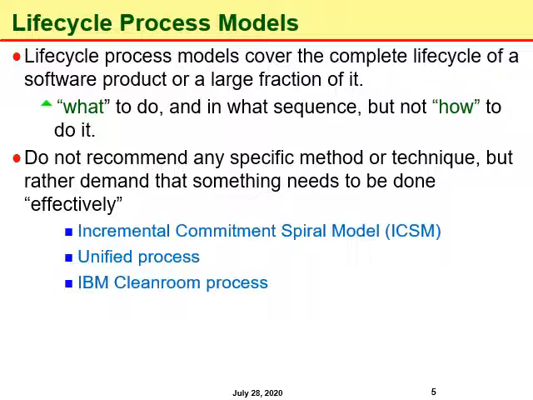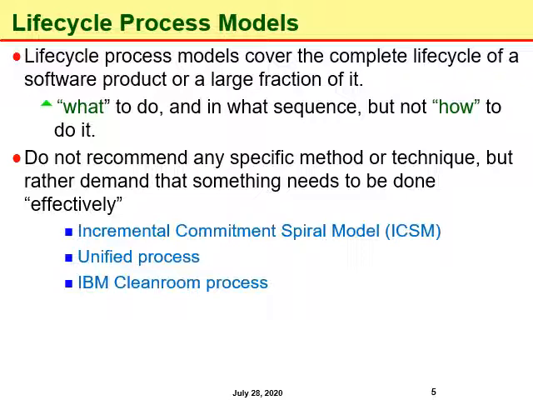These process models typically tell the software engineers what to do and in what sequence to do, but not how to do it. Moreover, these models do not recommend or prescribe any specific method or technique, but they rather demand that something needs to be done effectively, meaning that whatever method is applied, it must yield the expected results.